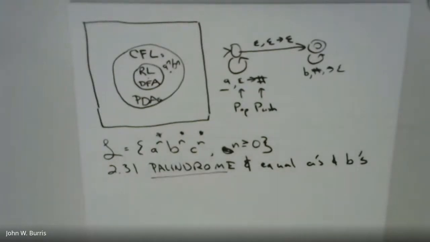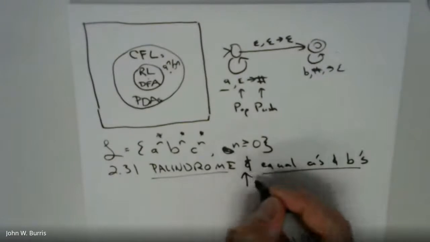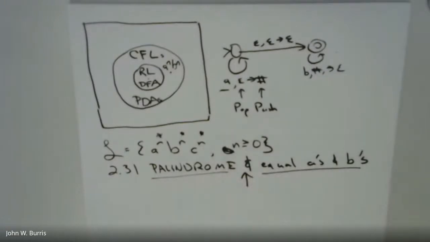Palindrome is context-free. We have built the PDA that accepts it. Equal number of a's and b's is context-free. This is something that we've already built. But the combination of the two right here is not context-free. And I want you to give me an argument on your homework assignment of why that is. And I've made a very specific note. Just don't prove it, just explain it. Why can't we figure that out with one stack? That's what I want you to figure out for me.